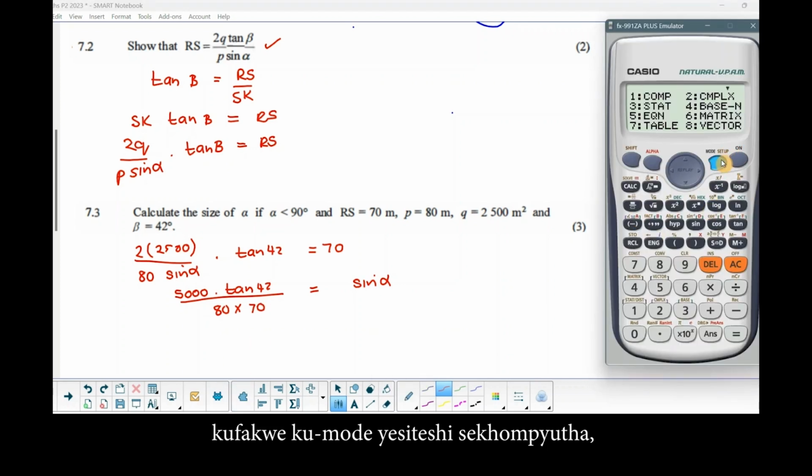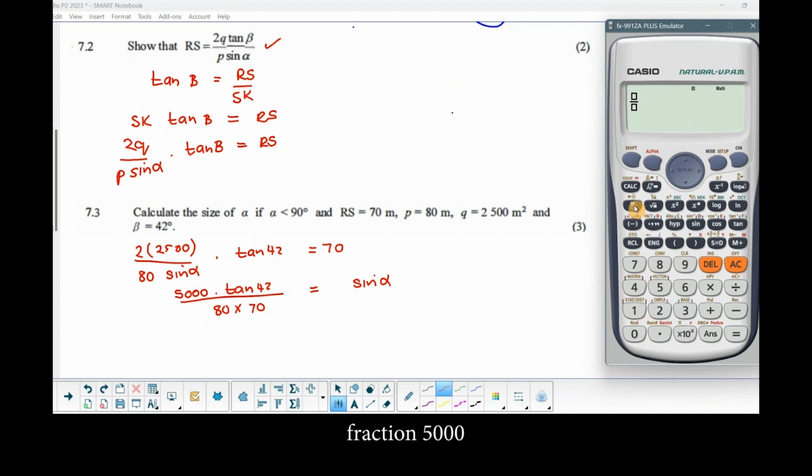Let's go back into computational mode. Fraction, 5,000 over 80 times 70 times tan of 42. You could have put that at the top as well, that's fine.